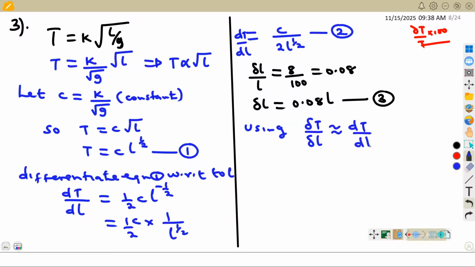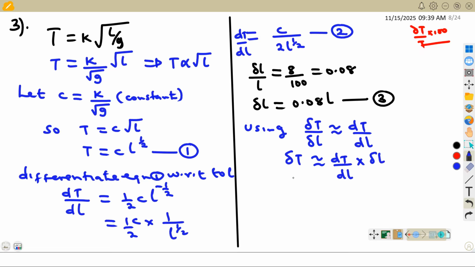We know this: if the increase in L is very small, then this is true. So we can get delta t as dt over dl times delta L, if we make delta t the subject.